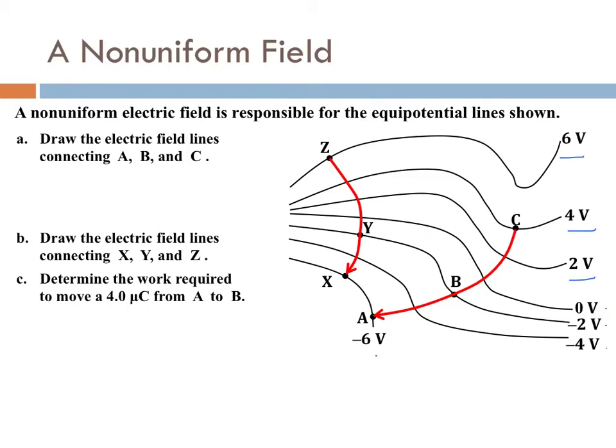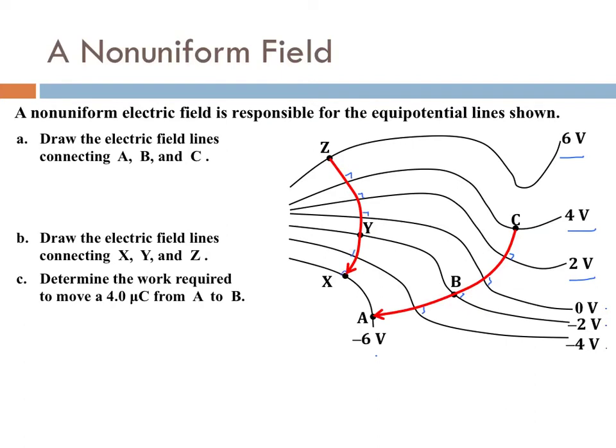Now, we're asked to draw the electric field lines connecting A, B, and C. Now, because our line needs to be perpendicular to our equipotential lines, our line is going to look like this red line here. Same thing if we're asked to draw the electric field lines connecting X, Y, and Z. We also need to make sure that they are perpendicular.